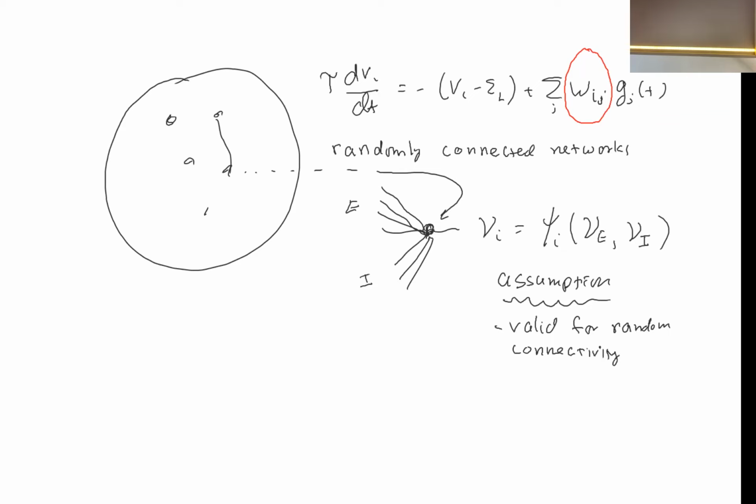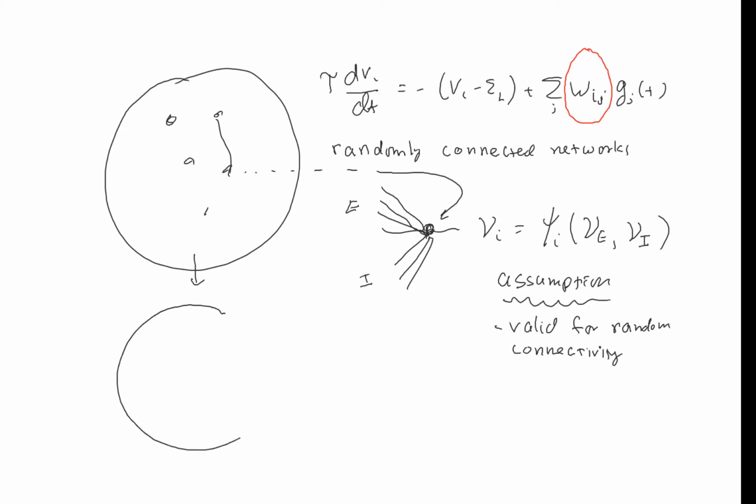Okay. And once we make this assumption, we can take this network here and reduce it to basically an excitatory population of neurons and an inhibitory population of neurons.